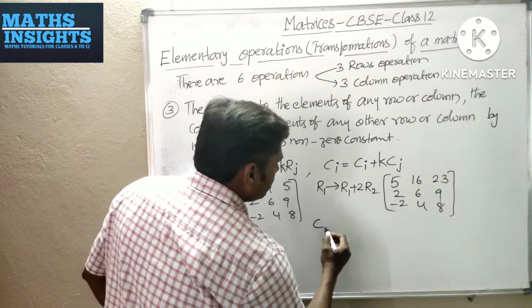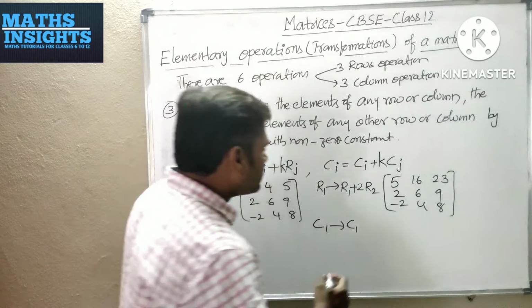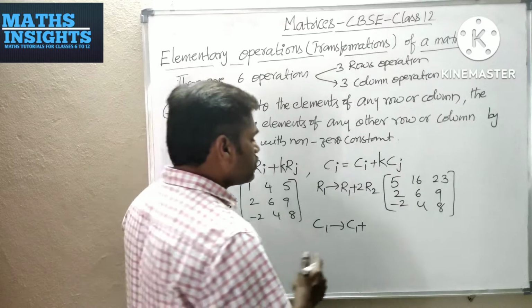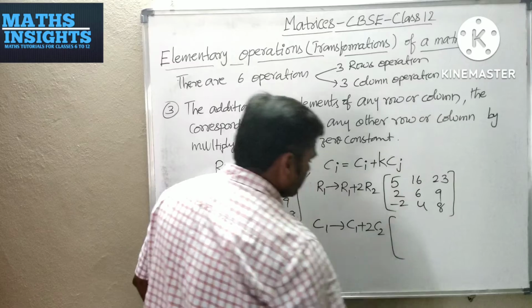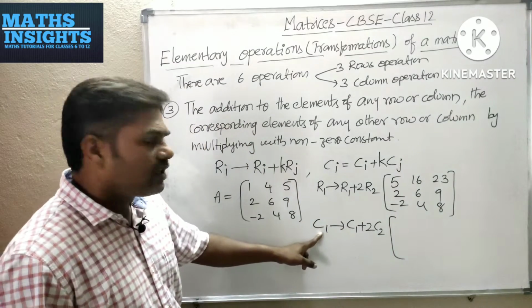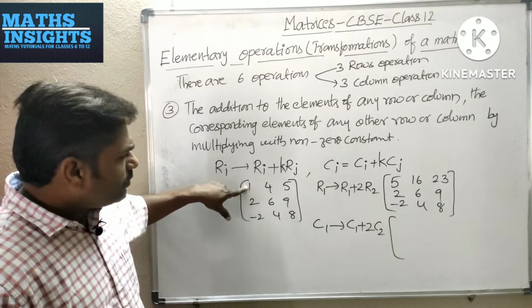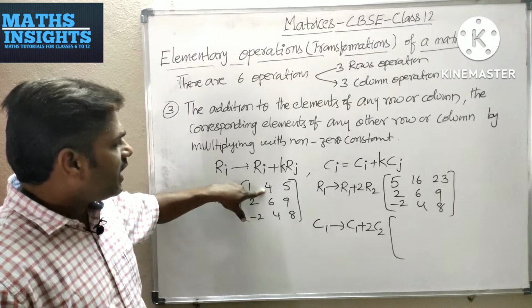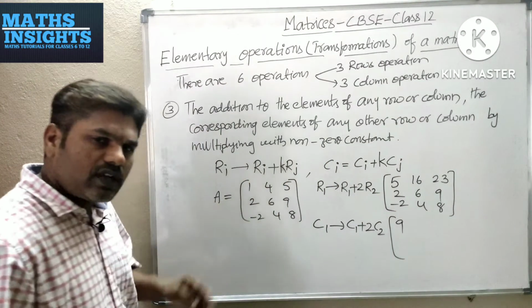Similarly, if you add to the elements of C1 the elements of C2 by multiplying with a constant, 2 into C2, then what happens? Which one is altering here? C1, column 1, so be careful. So 1 plus 2 into 4, 4 twos are 8, 8 plus 1 is 9, so you are going in the first column.